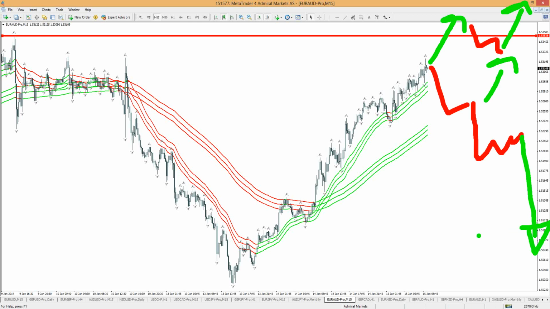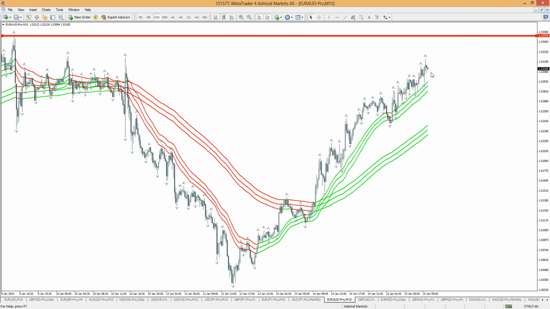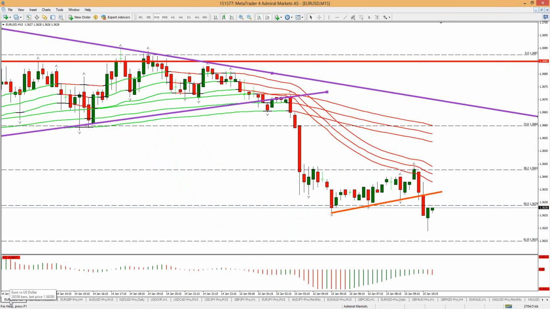Sorry, it's just coincidence that they all are roughly at the same spot. Shame, the euro dollar did push down.